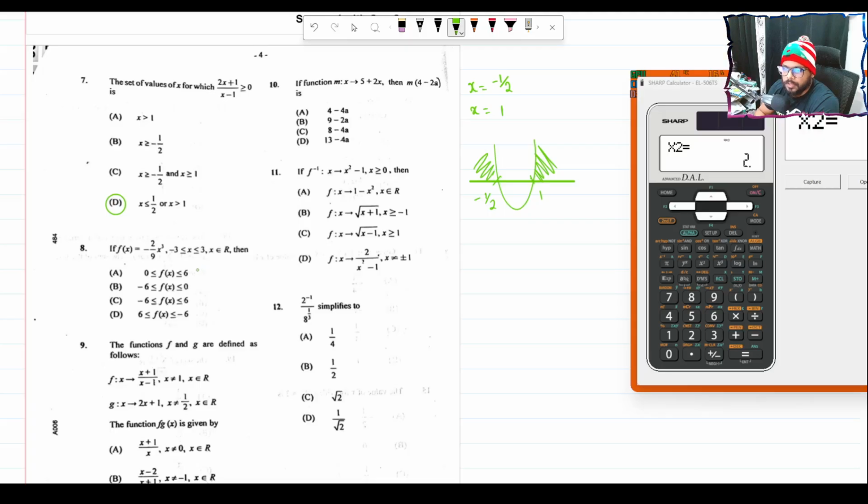We come across another instance, like what we talked about before, where we want to get the range of the function. Luckily, for this function, we can substitute both extremities, minus 3 and 3, because we're supposed to know how x cubed looks. X cubed has no turning points, it just has an inflection point. So go on your calculator and plug in minus 3 into minus 2/9 x cubed.